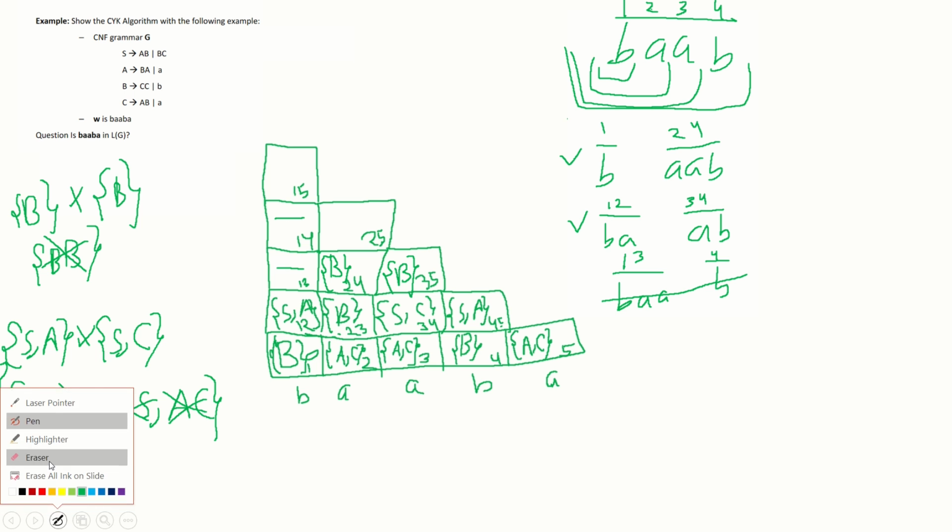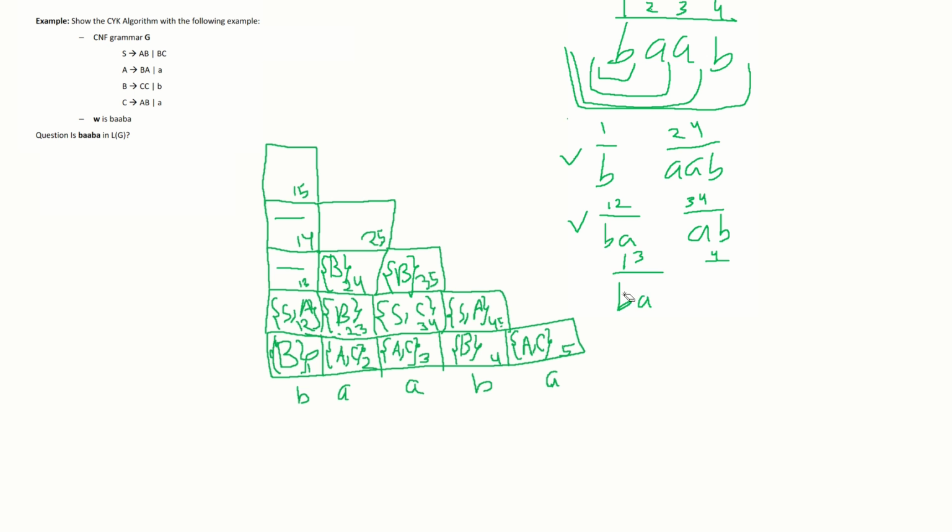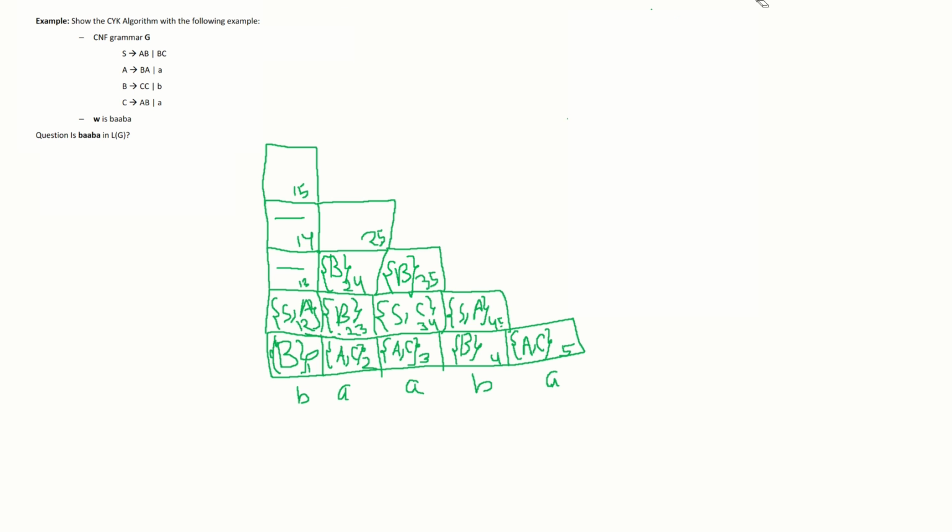Now we have two more boxes to fill up. So from position 2 to 5 we have A, A, B, A, that is 2, 3, 4, 5.